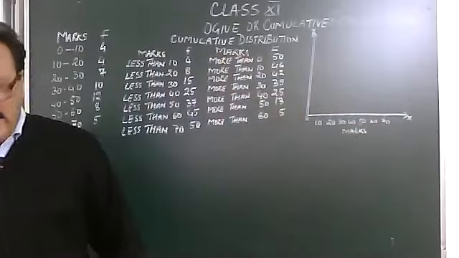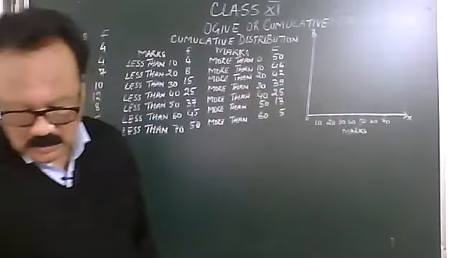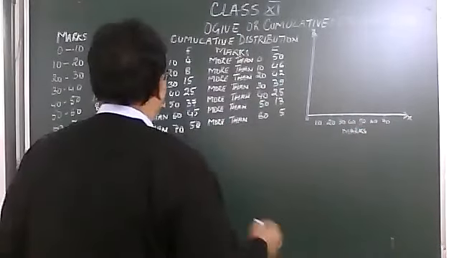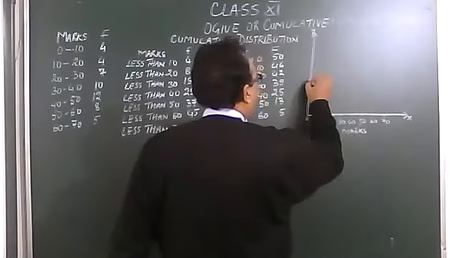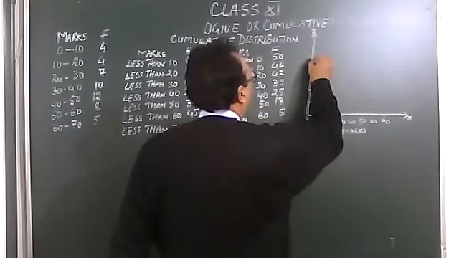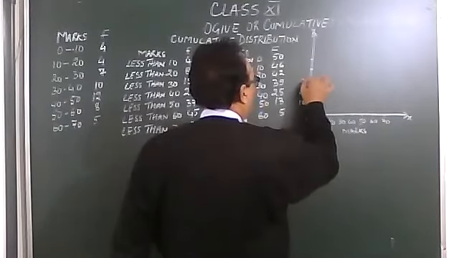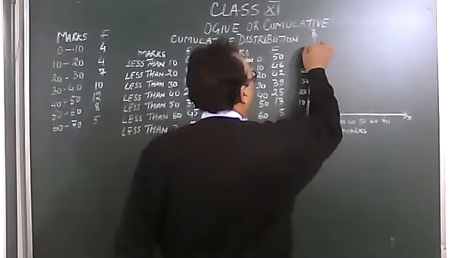And on the y-axis, we will take the number of students. Number of students also would be maximum up to 50. So let's take 10, 20, 30, 40, 50. We can take one more, 60.